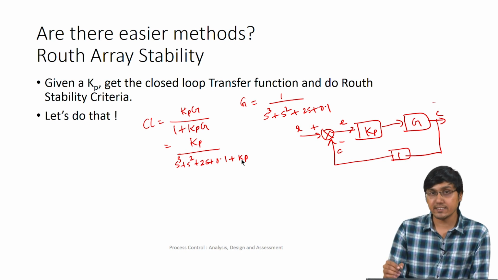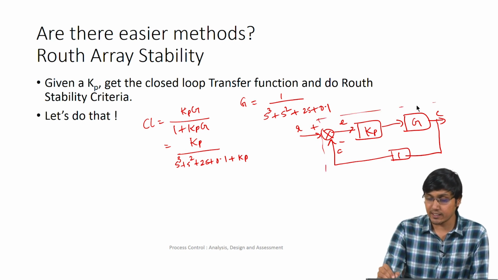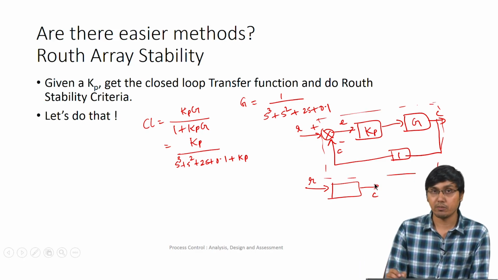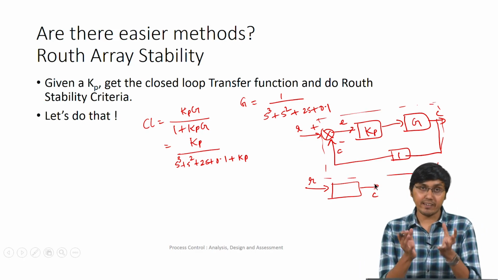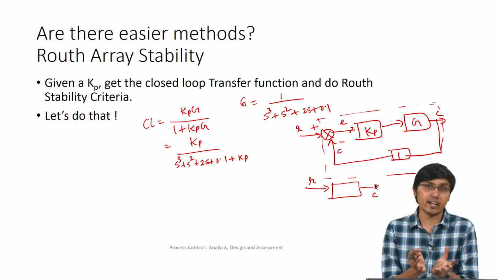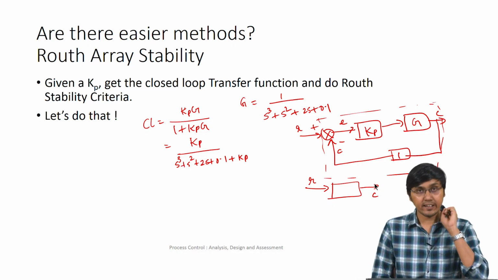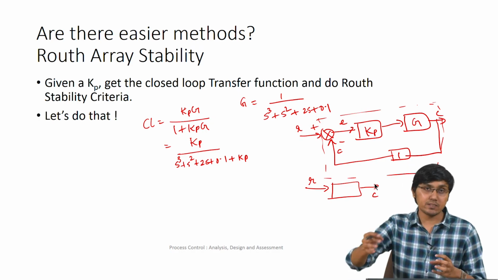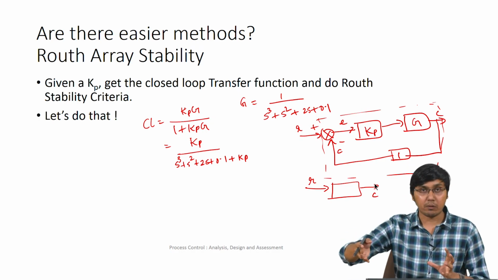Now when we say system, we can think of this as the full system. You have a system which is a black box, you have a set point as input, and you are seeing the output, which is the value of the control variable. So basically I have a black box with the controller. I give the input to the black box as the set point, and I observe how the output of the black box is varying.